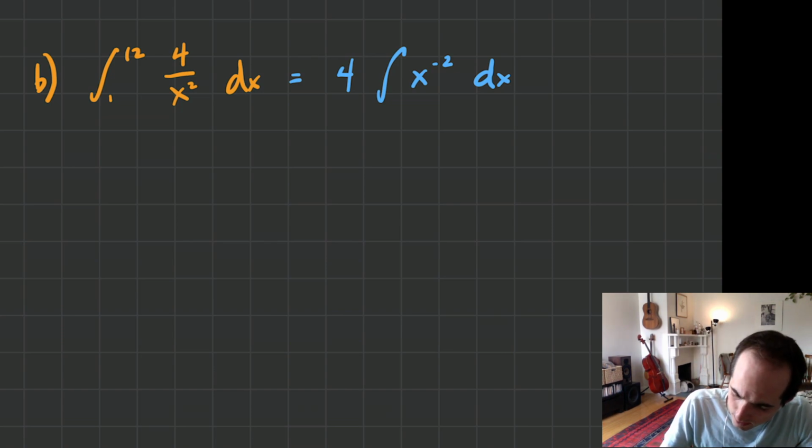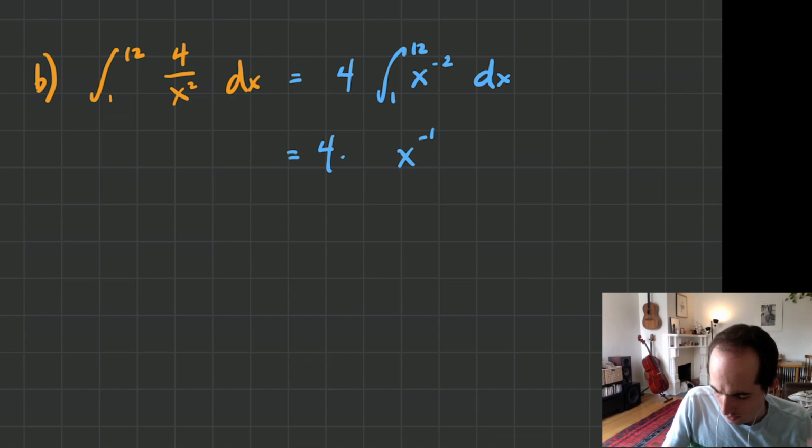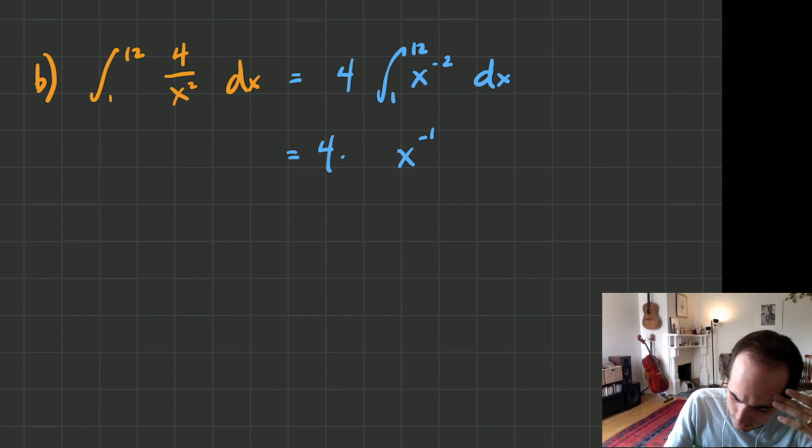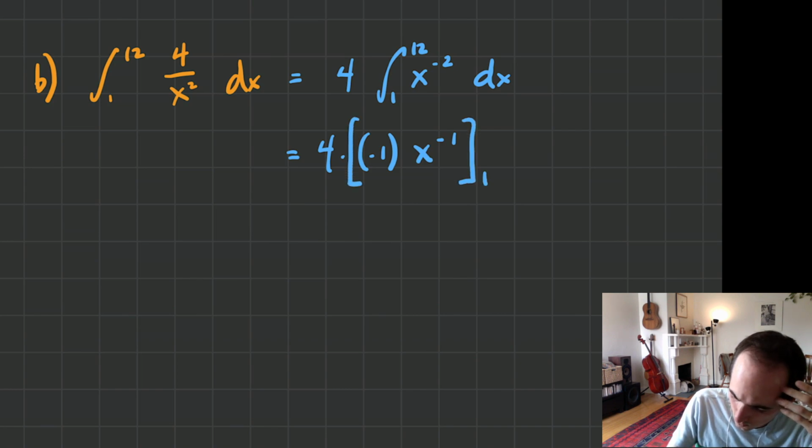So this is equal to, and we're going from 1 to 12, by the way, 4 times x to the power of -1 all over -1. Let me make this a little bit nicer: x to the -1, and we're going to take this from 1 to 12.